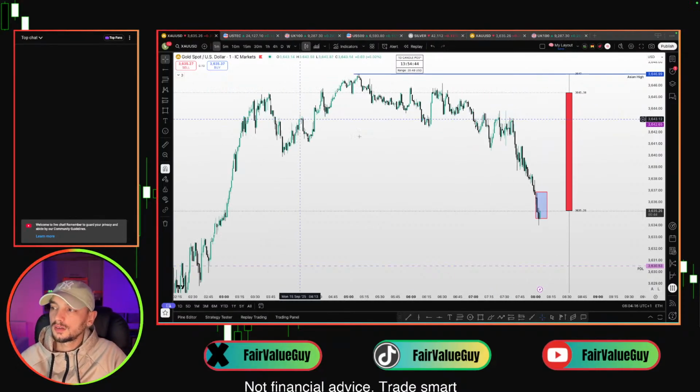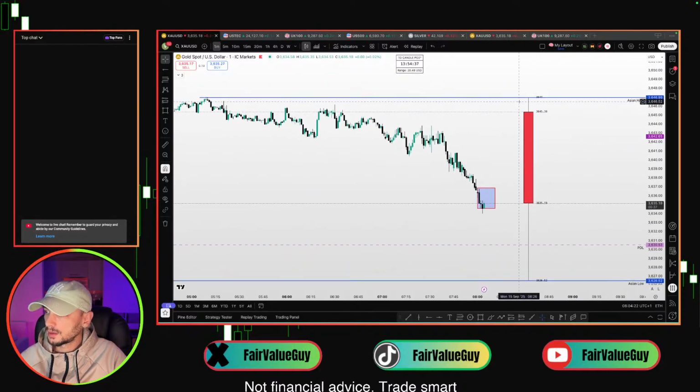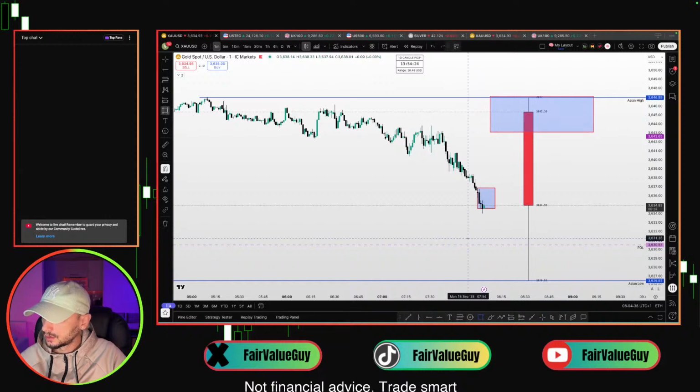This is the daily time frame candle. So basically we want to be in the trades here and here.